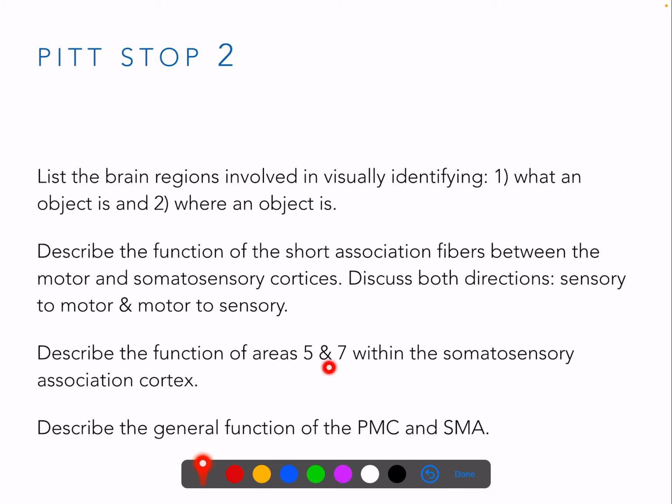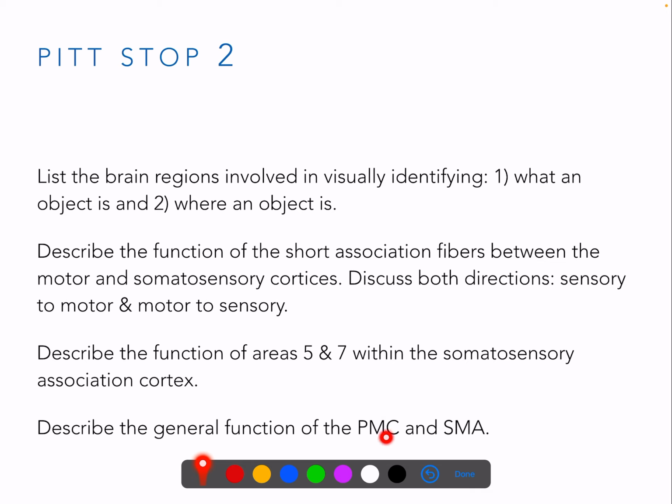Know what's going on with areas 5 and 7. They're in the dorsal stream, helping us know where an object is. They're also getting input from that somatosensory cortex, so we can feel and determine the shape of an object. And they're providing input to the premotor cortex, so we can visually guide our movements.